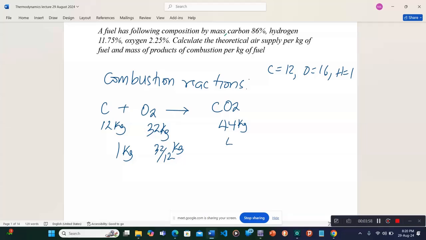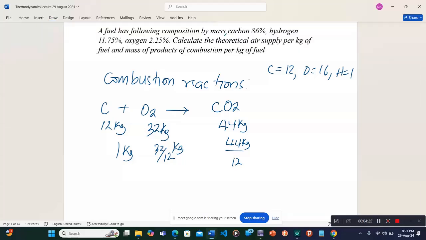Then I will have 44 out of 12 kilograms per kilogram of the fuel.